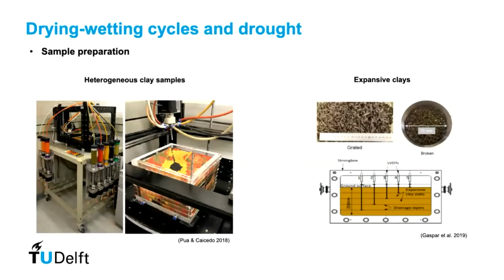Other alternatives are this work for preparing expansive clays, where with a cheese grater they prepare these very unstructured clay stripes that eventually are compressed, and you will expect to have a very random orientation of voids within the soil.